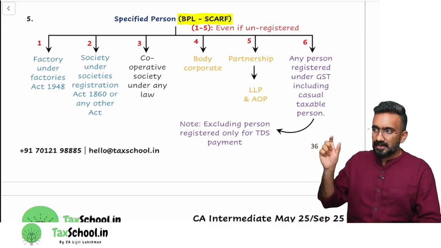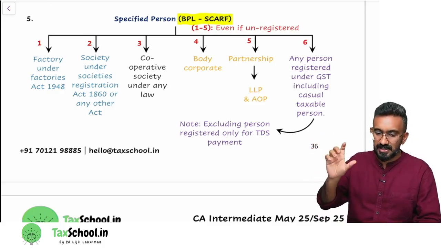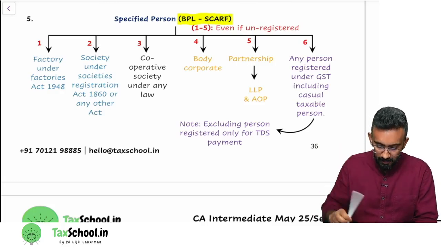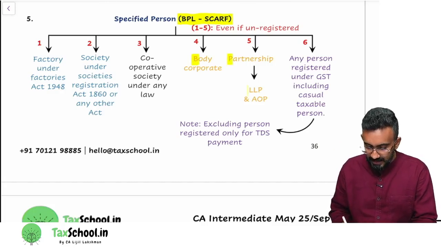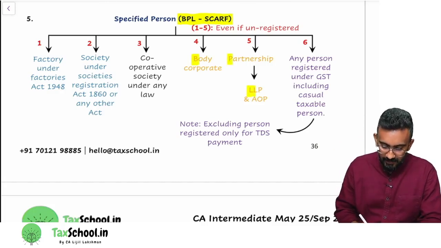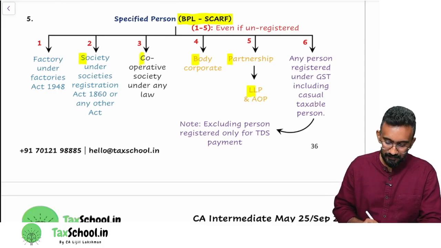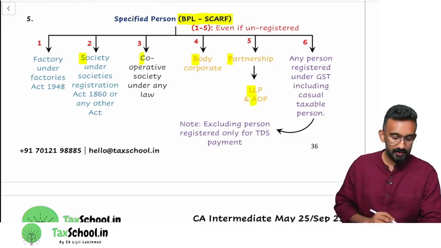I'm saying that when the recipient is a specified person, it will be taxed under RCM. Who is a specified person? BPL SCARF is our code word. B stands for body corporate. P stands for partnership firm. L stands for LLP. S stands for society registered under the Societies Registration Act. C stands for cooperative society. A stands for AOP, Association of Persons.